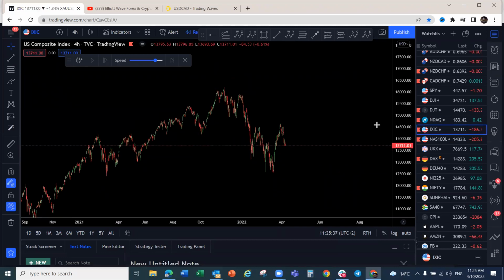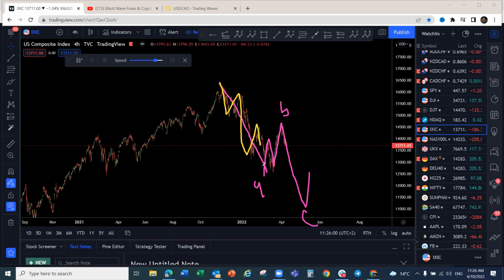The Nasdaq has been a lot clearer. It went deeper than the rest with a 5-wave move and has made a 3-wave corrective structure. I would expect the Nasdaq to have another 5-wave move before another resumption of the move to the upside. So that will be an ABC corrective structure on the Nasdaq, and this will be a 1, 2, 3, 4, and a 5. 1, 2, 3, 4, and a 5.